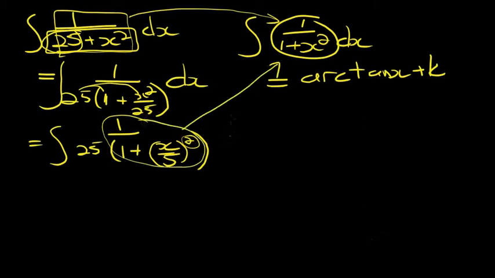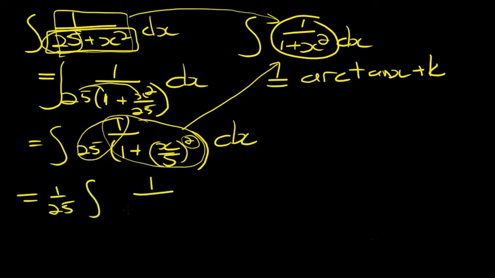Now we can start integrating this. And remember, this 1 over 25 you can keep outside the integration just to make it easier and to distinguish it so that you don't get confused. But let's integrate this now.